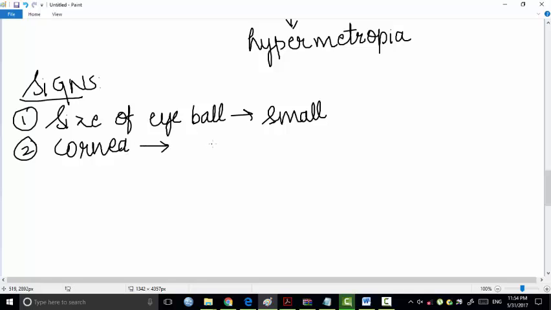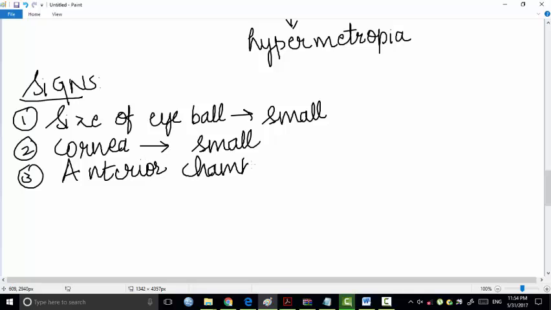Cornea will also be small. In hypermetropia, all those will be small. Because of smaller eyeball and cornea, anterior chamber is shallower. Right, anterior chamber will be shallower.